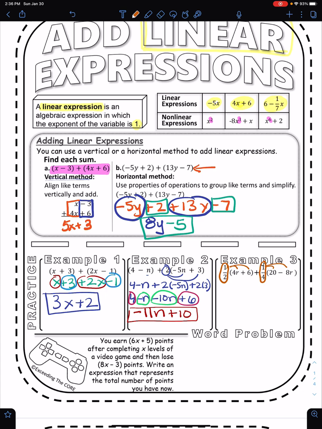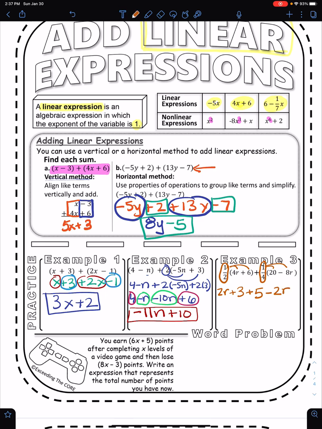So you should be able to do half of 4 in your head. Half of 4r would be 2r and half of 6 is 3. Same thing with 1/4. If you do 1/4 of something, you're dividing it by 4, just like 1/2 of something was dividing it by 2. So 1/4 of 20 is 5, because there are 4 5s in 20, or 20 divided by 4 is 5. And 1/4 of negative 8r is negative 8 divided by 4, which is negative 2r.